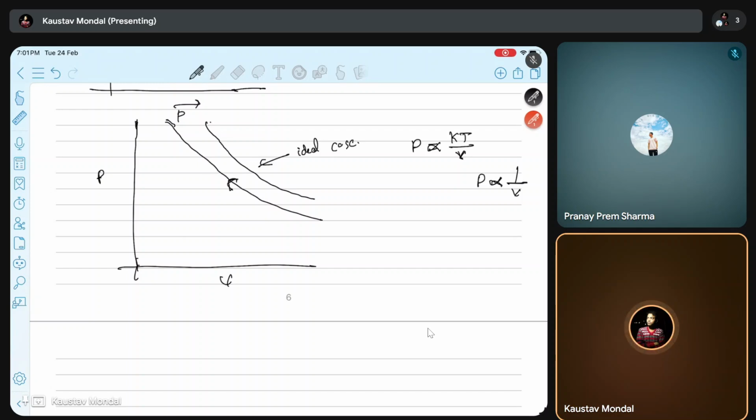But if you lower the temperature, say theta 1 degree centigrade, and lower it enough, it shows this kind of behavior. Theta 2 is smaller than theta 1. Lower it more, and it will become this.